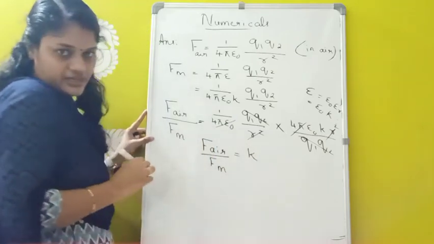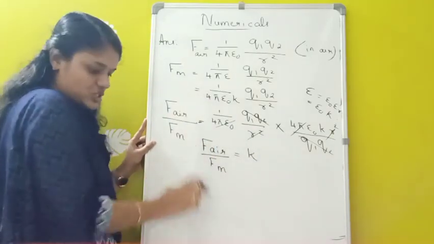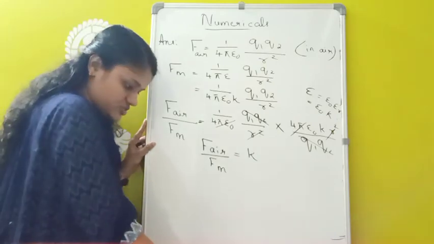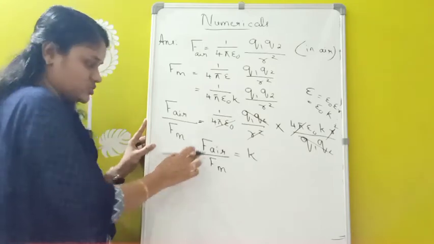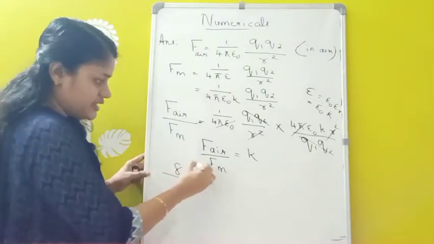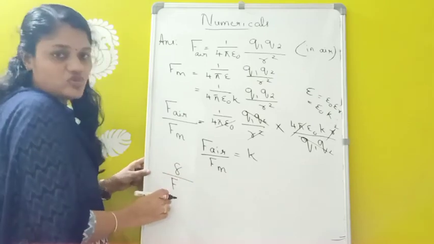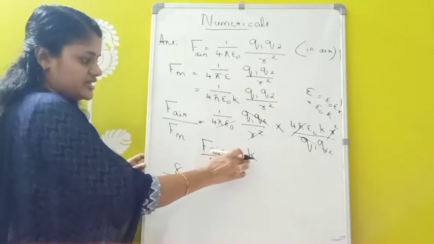So in this problem, the force in air is given as 8. So instead of F air I am writing 8, divided by F medium, and here the medium is water, so I am writing F water, is equal to the dielectric constant of water.